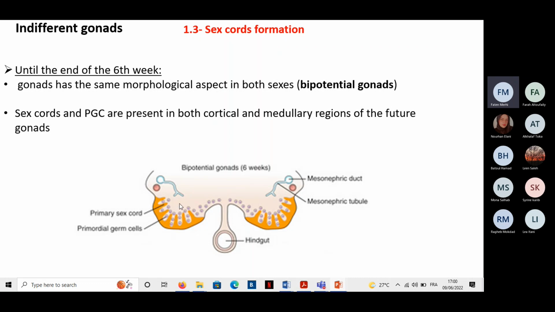Both are composed of mesenchyme lined by coelomic epithelium. Both have sex cords, and in both we had a migration of the primordial germ cells. The sex cords and PGC are present in both the cortical and medullary regions of the future gonads.